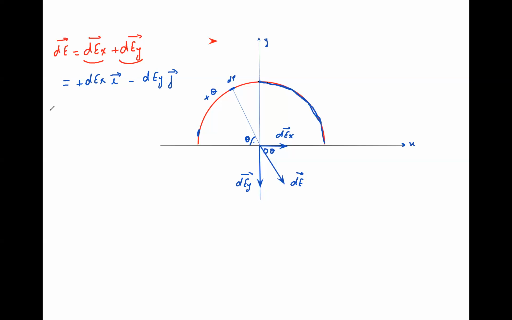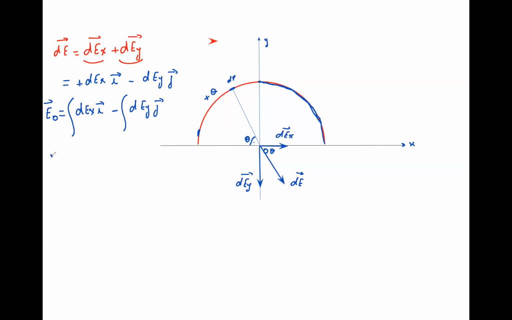To calculate the total electric field at the point O, we do the integration. Here you have the integral of dEx i minus the integral of dEy j.